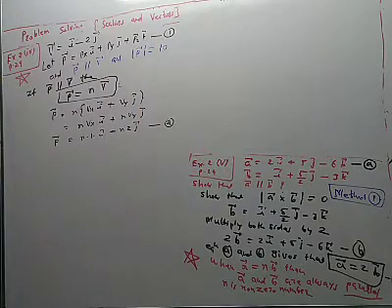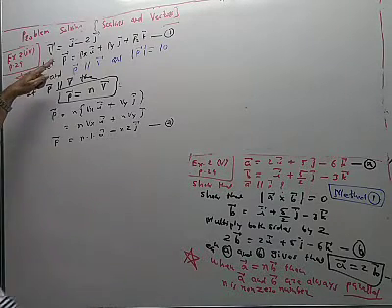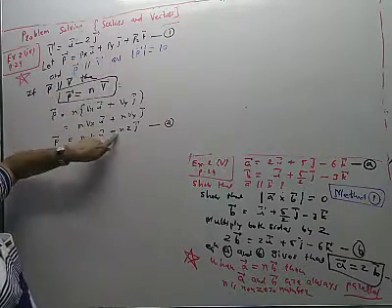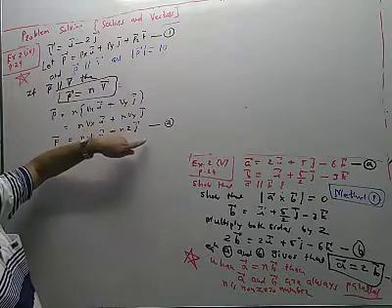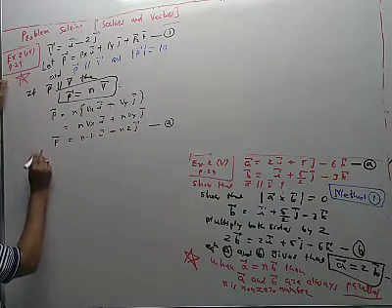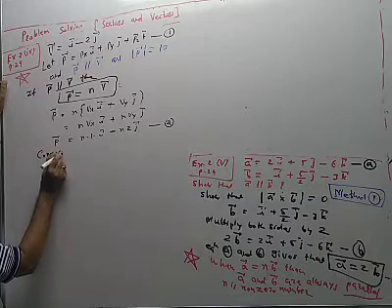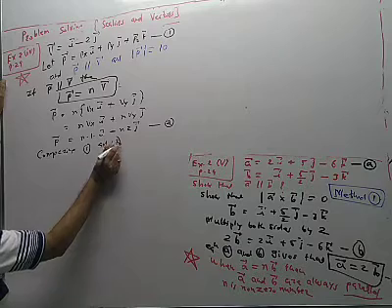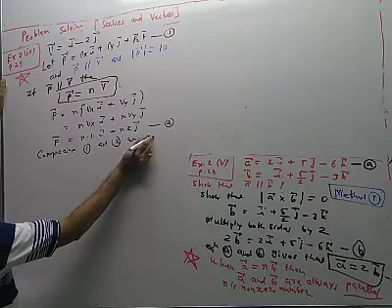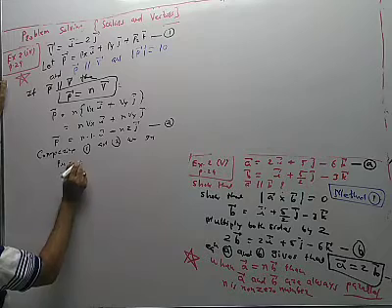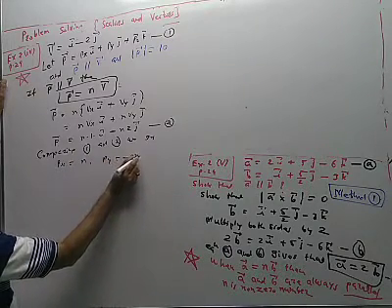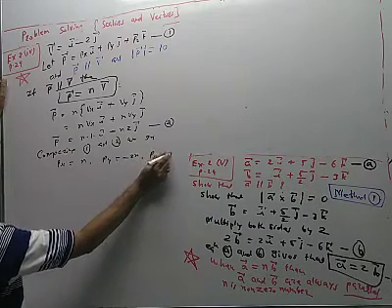So now there are two equations for vector P. Comparing 1 and 2, we get Px is equal to n, Py is equal to minus 2n, and Pz is equal to 0.